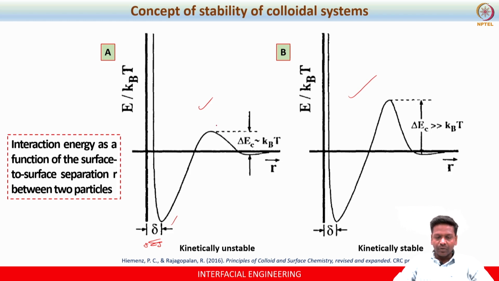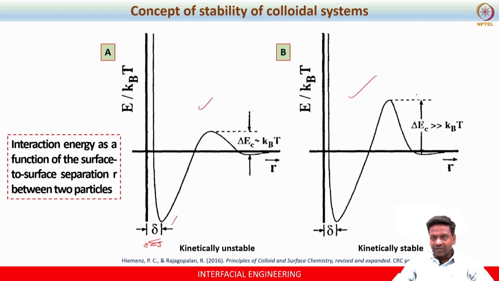So what is important to avoid driving them up to this point is to increase this barrier. This is the primary maxima. If the barrier here is increased several fold higher, then the particle will not reach this primary minima at all, so there will be no question of aggregation or coagulation. So if the electrostatic repulsive force between the particles is very pronounced, then one can prevent the aggregation or agglomeration.